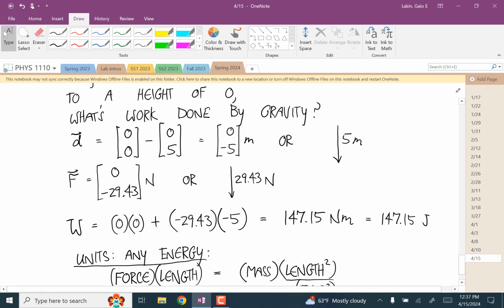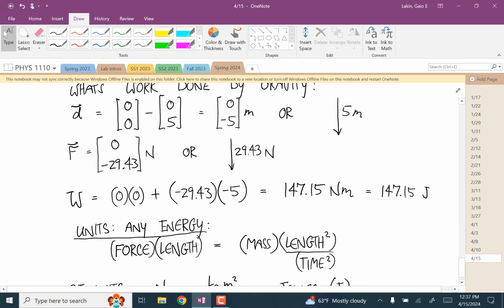Okay, we figured out that by doing this calculation, as an object moves down, the work done by gravity is positive, right? What we're going to see is that if we have positive work, it means that energy is being added to the object.